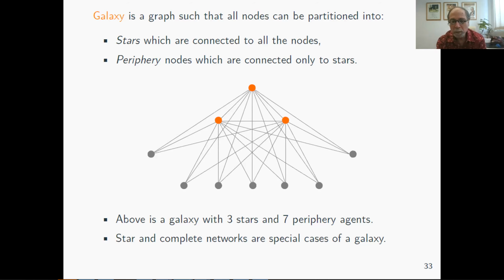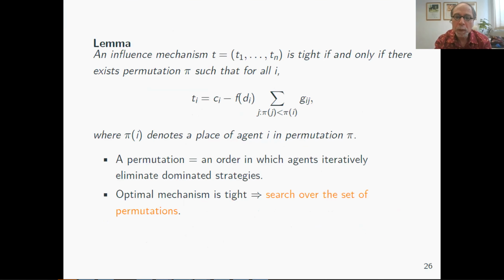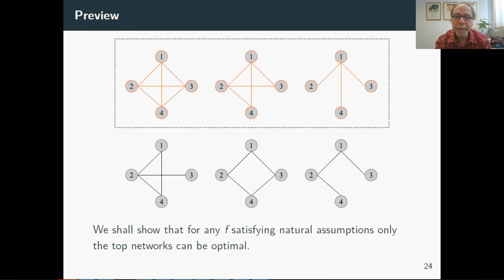When described like this, it immediately tells you that there is a symmetry between these three stars, and there's also a symmetry between all the periphery players. Let's go back to the famous picture here.